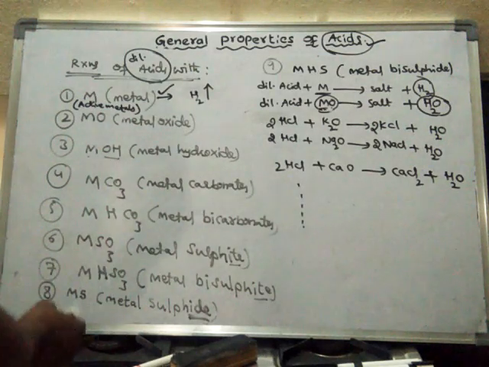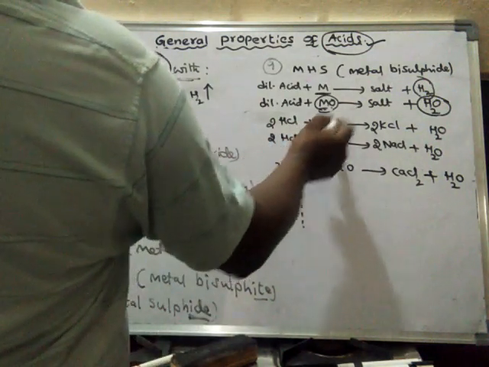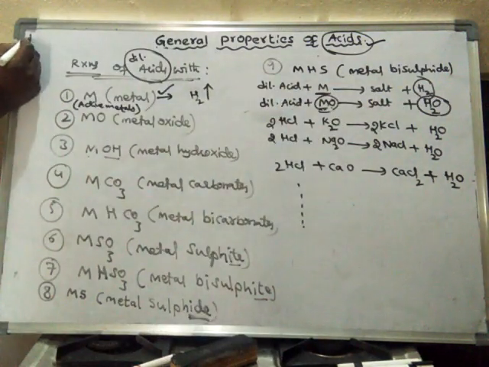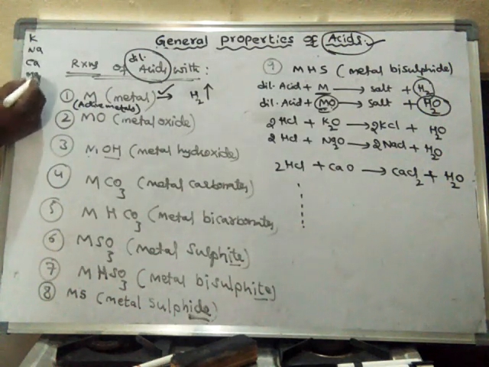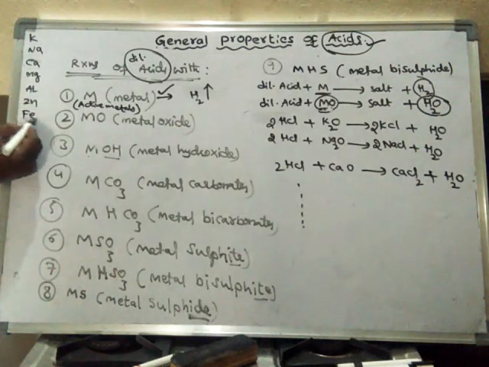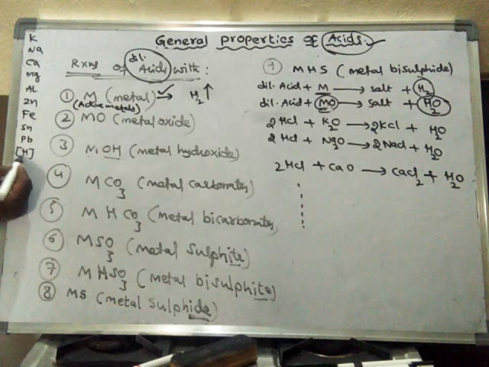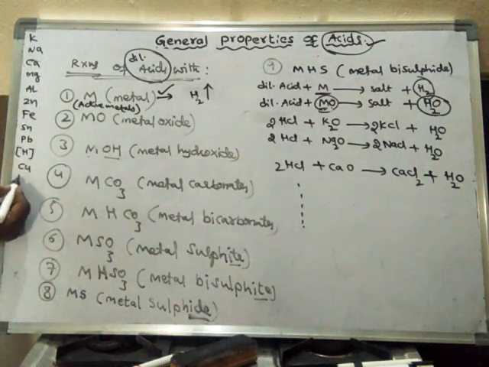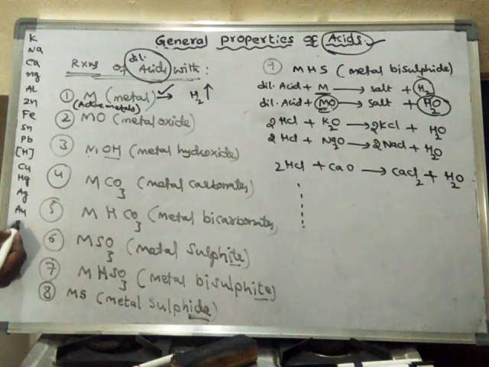So we know the metal activity series, which we already learned. It contains potassium, sodium, calcium, magnesium, aluminum, zinc, iron, tin, lead, hydrogen, copper, mercury, silver, gold, platinum.